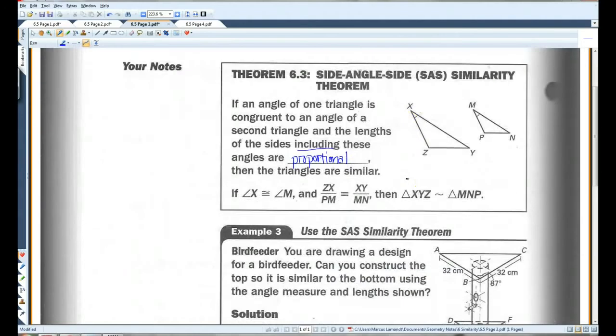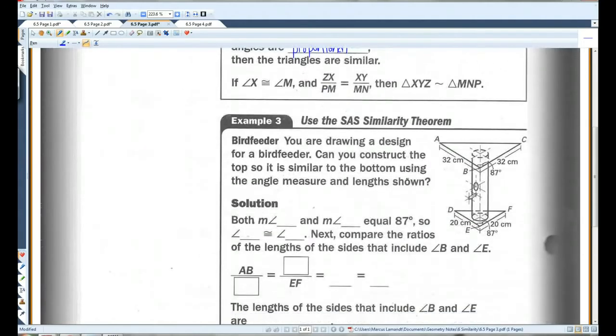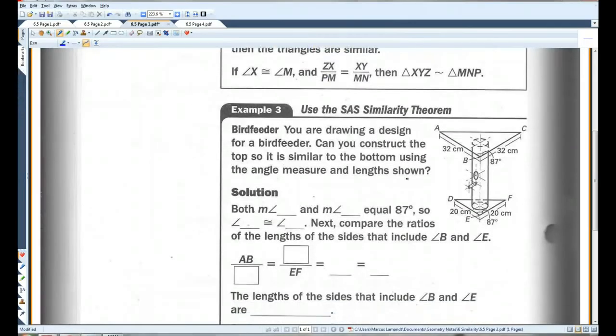Okay? So for example, you are drawing a design for a bird feeder. Can you construct the top so it is similar to the bottom using the angle measure and the length shown? Okay, in the diagram, both the measure of angle B and the measure of angle E equal 87 degrees, as you can see here and here.